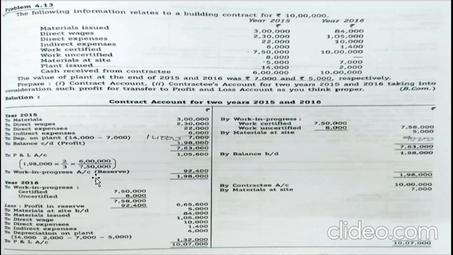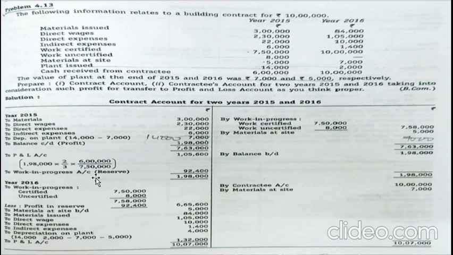The remaining 1,98,000 minus 1,05,600 gives 92,400, which is transferred to the reserves account.